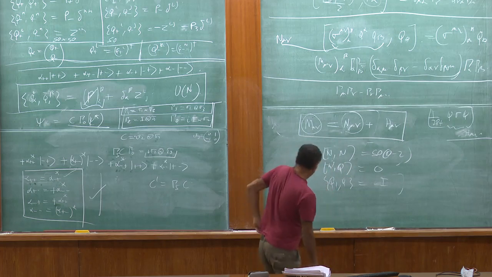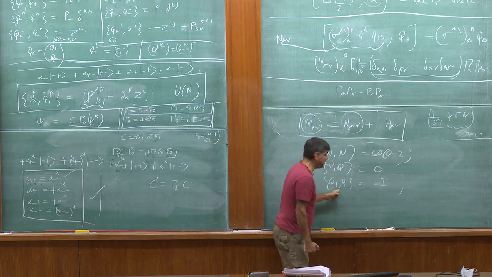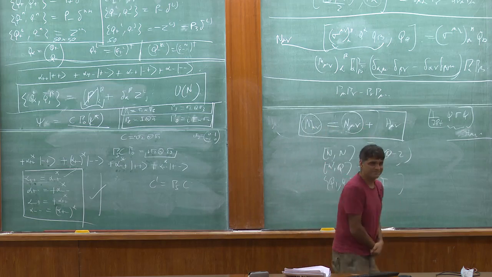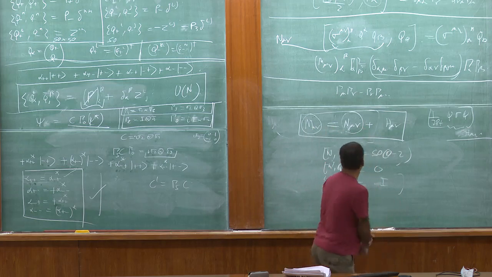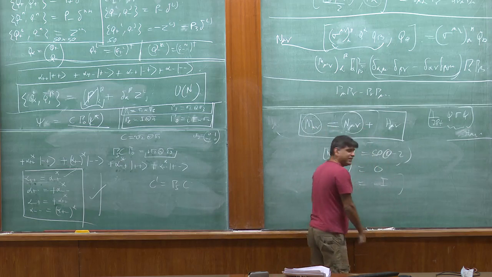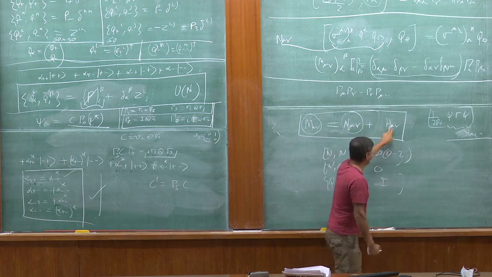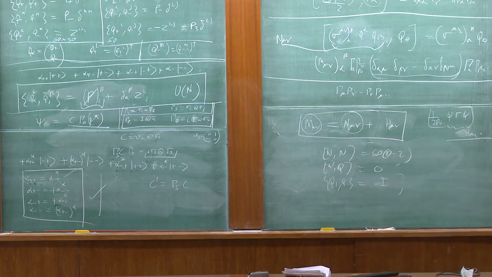Point is that if N has these properties, then the original M and Q have the right commutation relations. Okay? Here, because N by definition commutes with Q. So now the M with M commutation relation works.